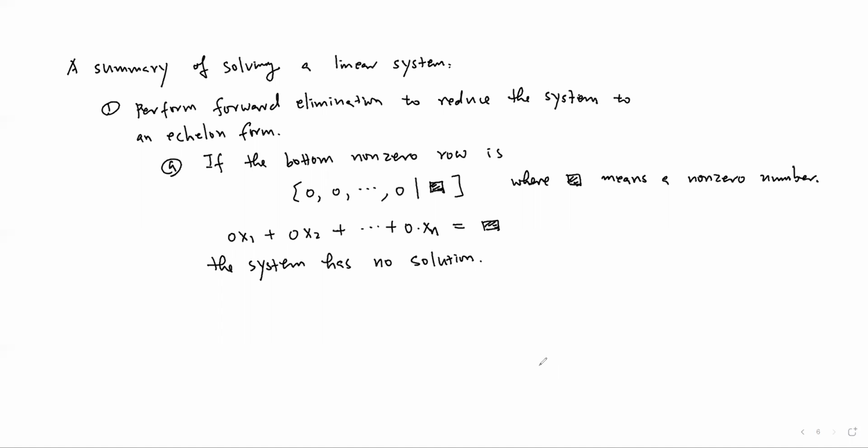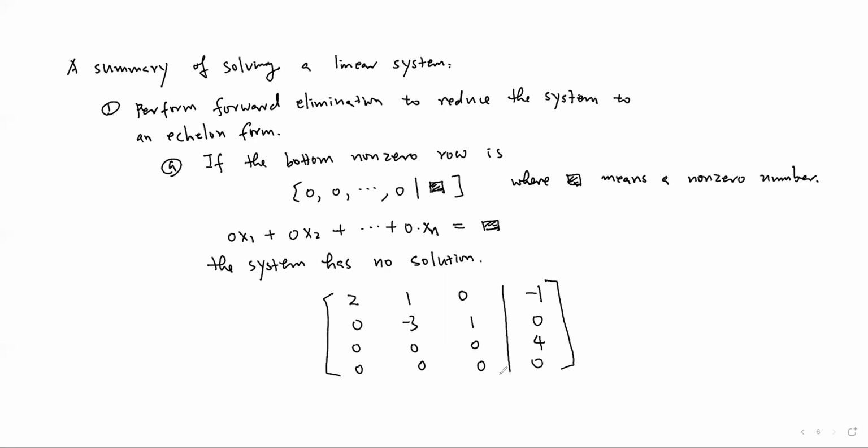Any example? Yes. Take a look at this echelon form: 2, 1, 0, -1; 0, -3, 1, 0; 0, 0, 0, 4; 0, 0, 0, 0. The last column is the right-hand side, separated.